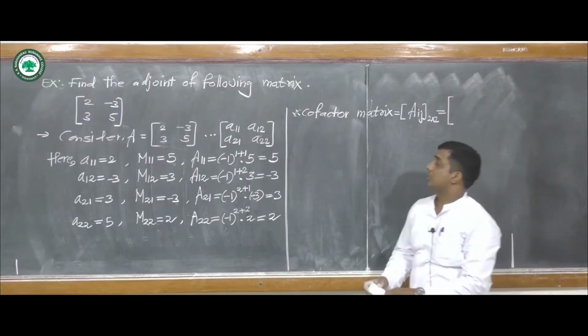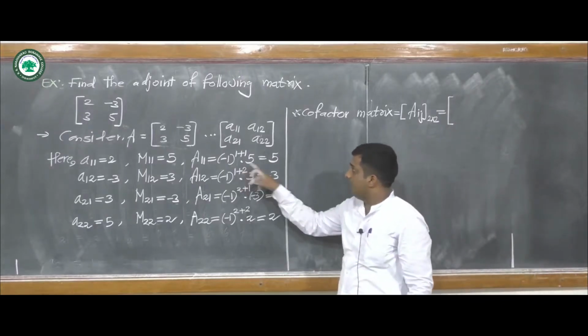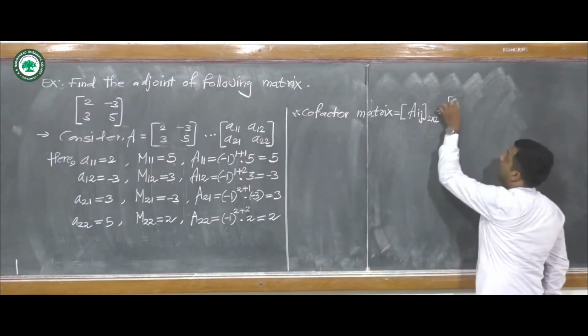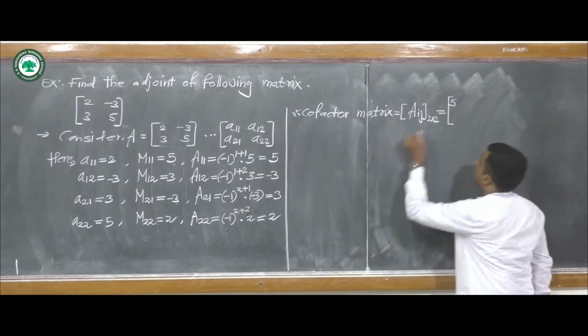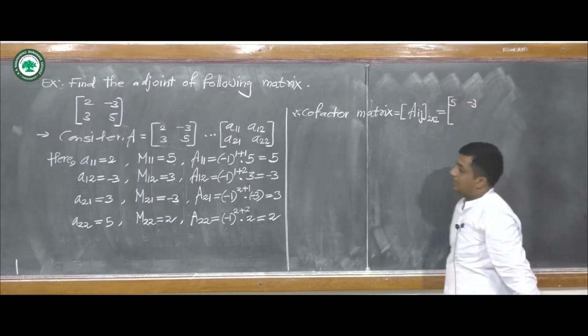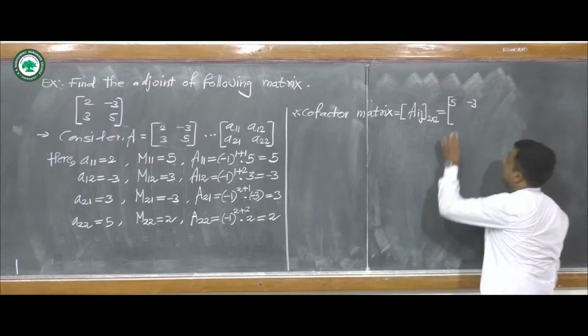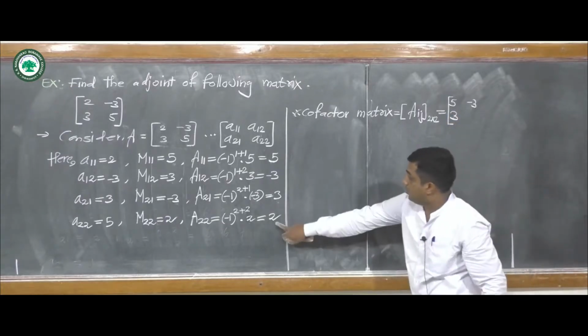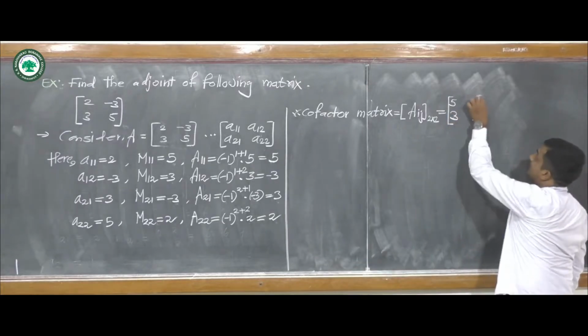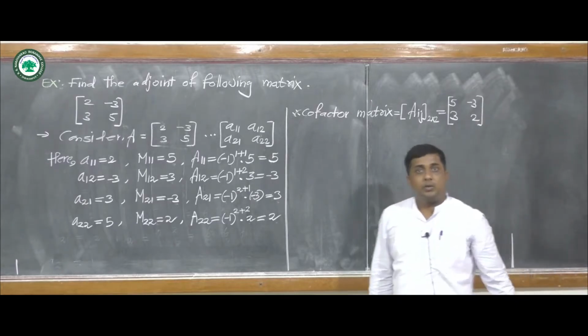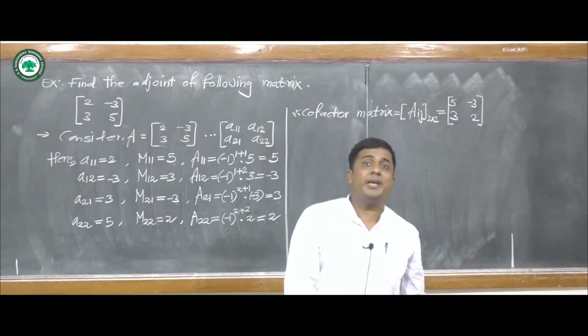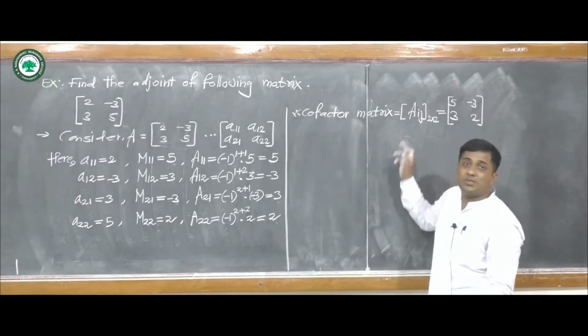We consider each cofactor. Here the first is 5, the second is -3. Then A21 is 3, next A22 is 2. So this is the cofactor matrix. Now we know that to find the adjoint we consider the transpose of this matrix.